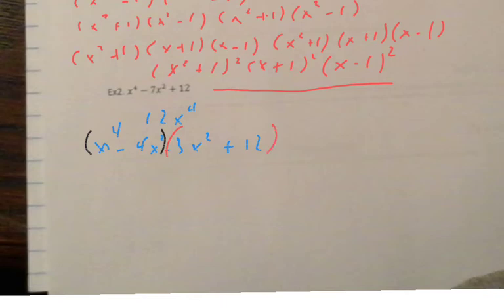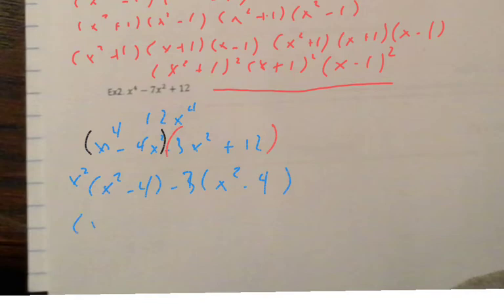So we have a GCF of x squared down here, so we're left with x squared minus 4. And we're going to factor out a negative 1 over here, a negative 3 over here, and we're left with x squared minus 4.